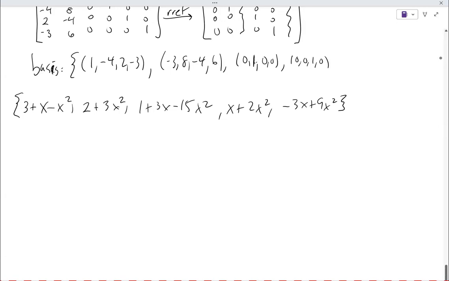This one asks us to find a subset that is a basis of P2. How do I know that this is, without doing any work at all, besides something that you learned back when you were probably 3, 4, 5 years old, without doing any work at all, how do I know that this is not a basis?